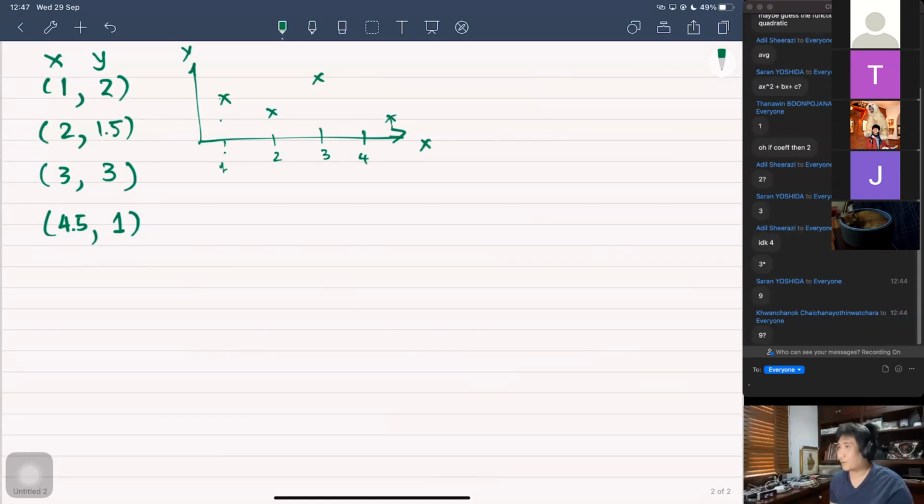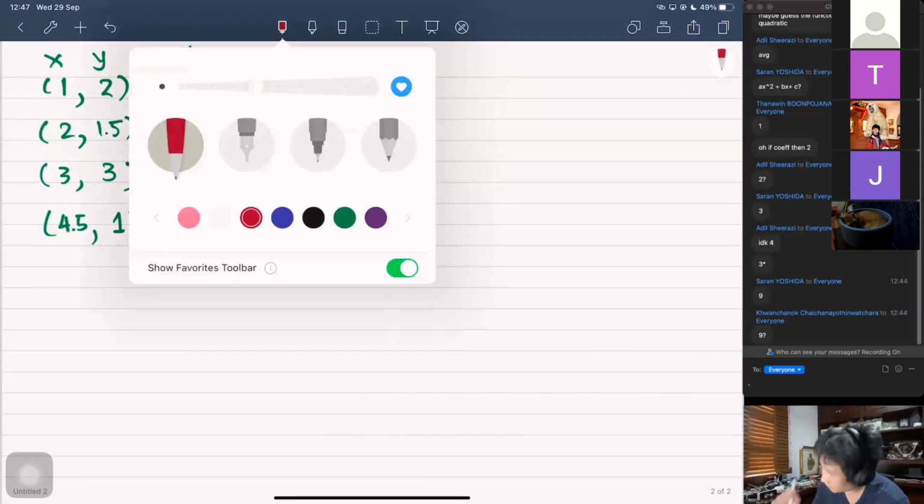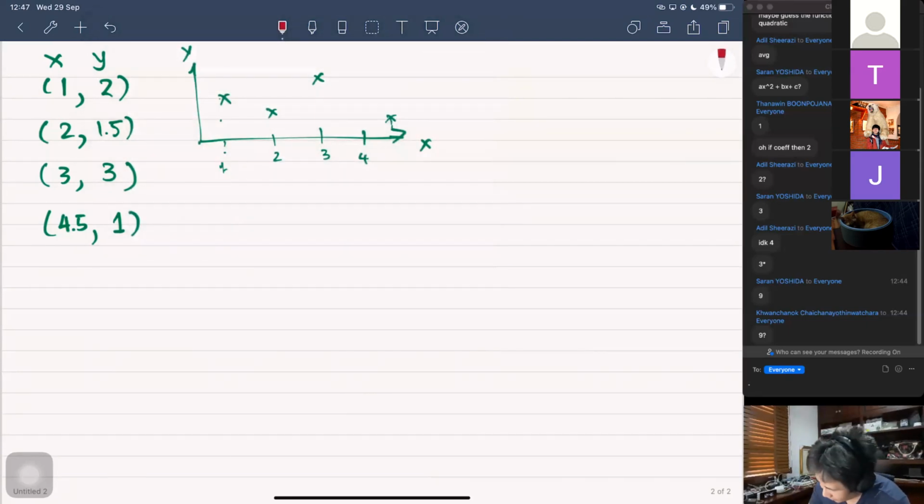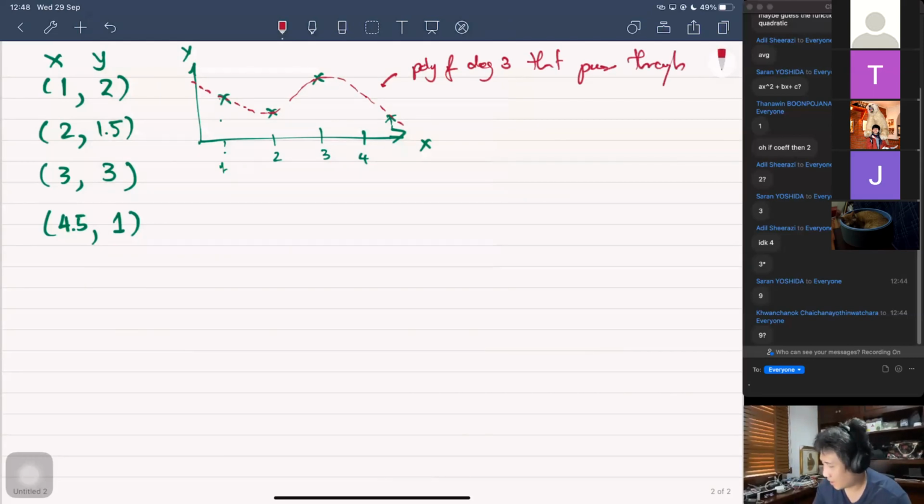So your points look like this. And what we are trying to do is find a polynomial of degree 3 that passes through all the points.